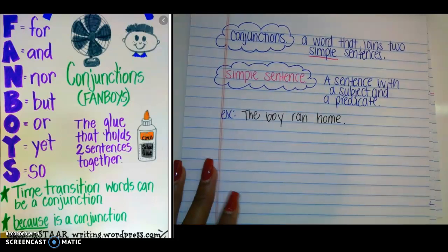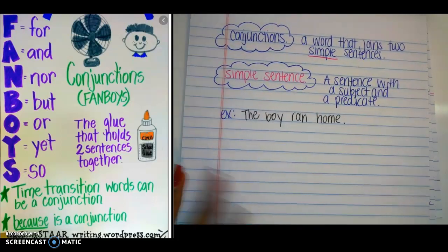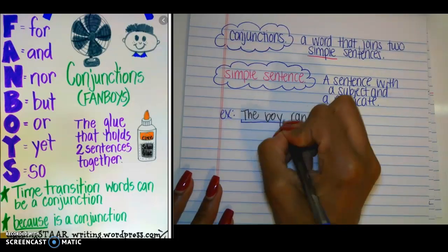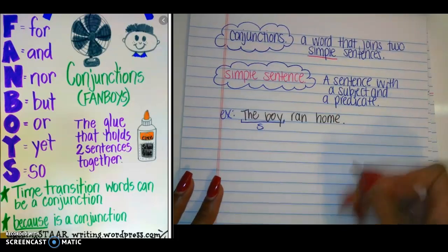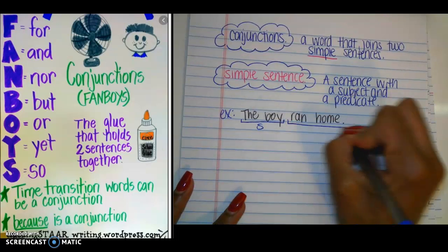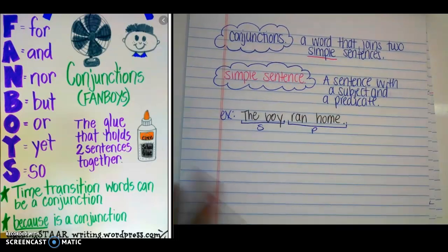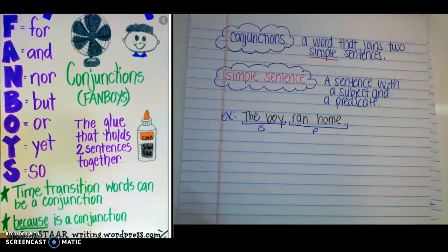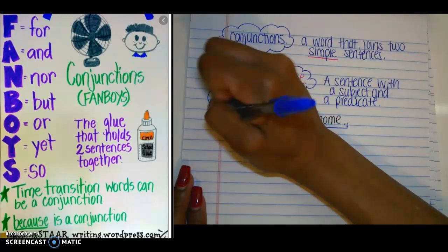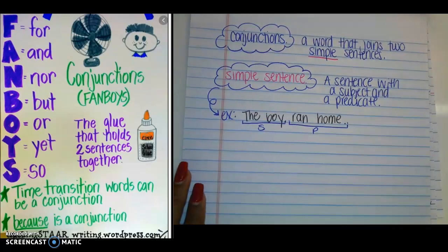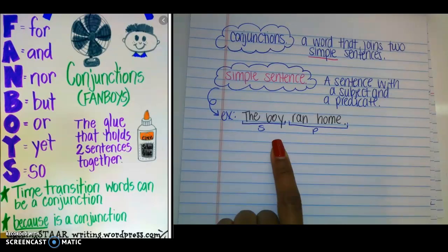What is our subject in that sentence? The boy. And what is our predicate? Ran home. That's what the subject did. Make sense? So here is an example of a simple sentence. This sentence does not have any of our conjunctions in it. There's no for, and, nor, but, yet, or so.